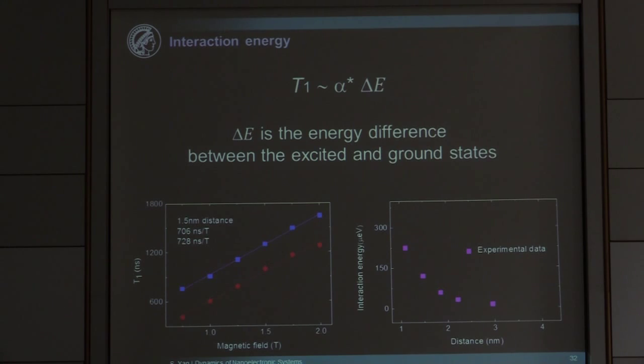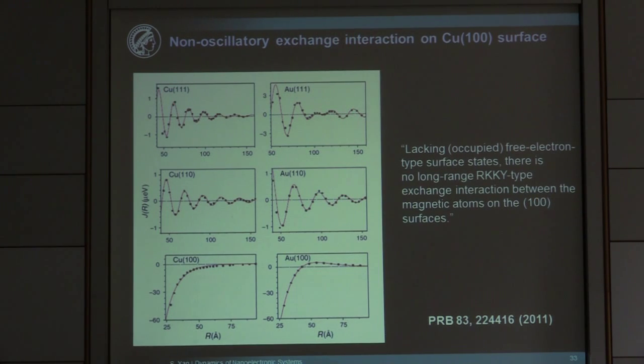So I want to know what's the physical origin of this interaction. If I look at this paper, the interesting thing is they calculated the RKKY, the exchange interaction, on different metal surfaces. Like on copper 111 or 110, they can calculate the oscillatory RKKY interaction.